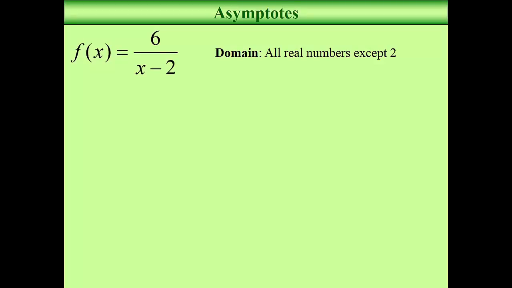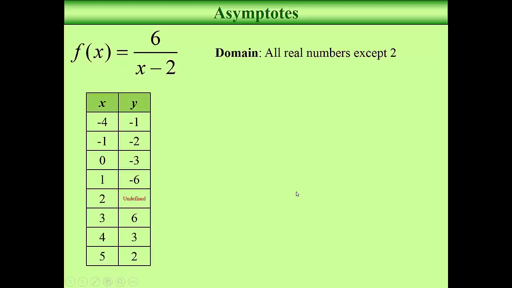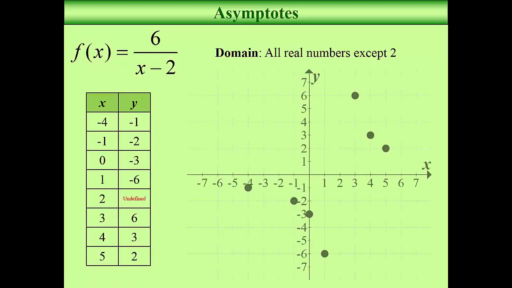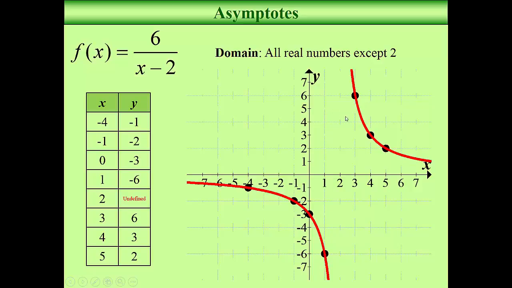Now we'll take a look at some of the graphs. The term asymptote refers to this particular situation. At x equals 2, there is no answer, but you notice as the graph gets closer to 2 on the left and on the right, the answers get larger on the right, smaller on the left.